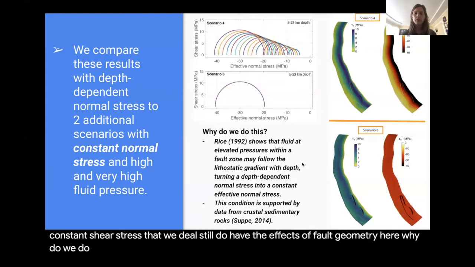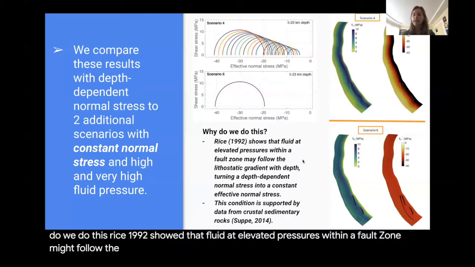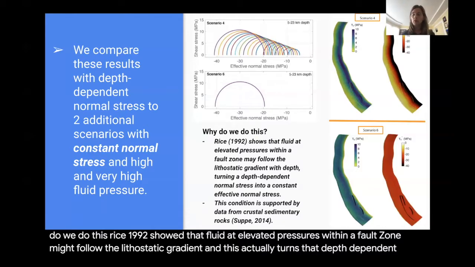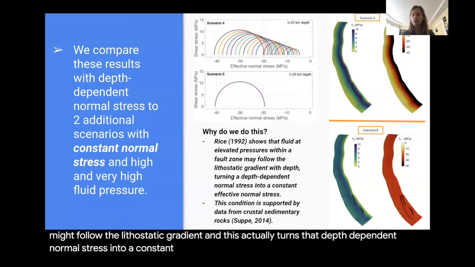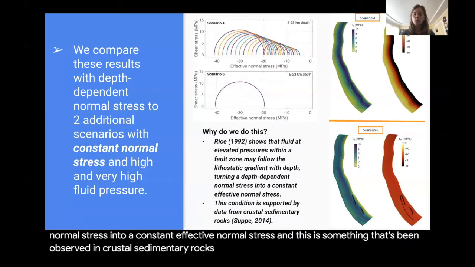Why do we do this? Rice in 1992 showed that fluid at elevated pressures within a fault zone might follow the lithostatic gradient, and this actually turns that depth-dependent normal stress into a constant effective normal stress. And this is something that's been observed in crustal sedimentary rocks as well, for example, by Suppe 2014.